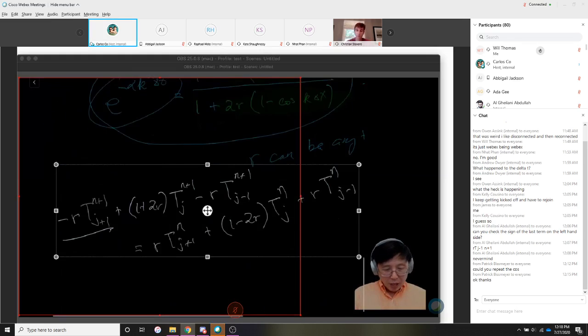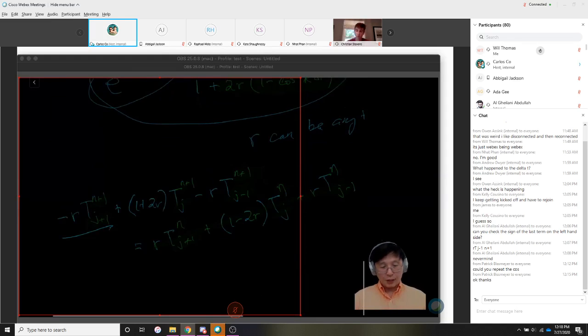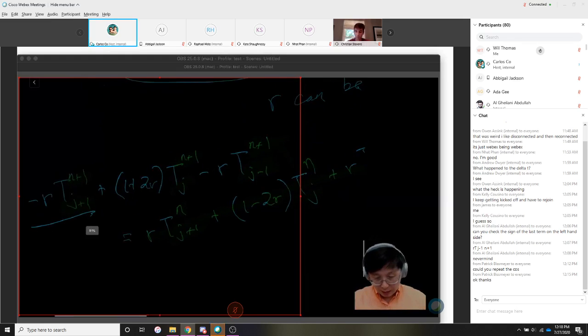When it comes time to actually implement this, there's a bit of thinking involved. Notice what's going on here. Let's see if we were to draw this out a bit.